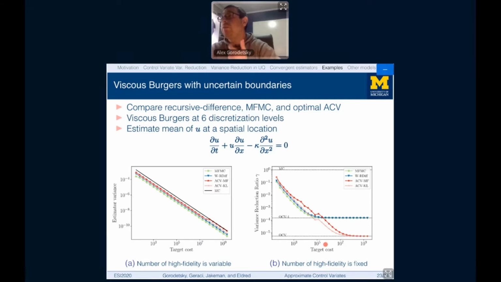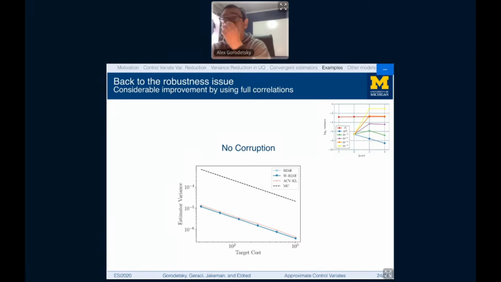However, if the number of high fidelity samples is fixed, because for instance they're from legacy evaluations, beyond a certain point we're able to achieve almost an order of magnitude benefit compared to recursive estimation strategies. So again, this is problem dependent on what knobs you can choose.